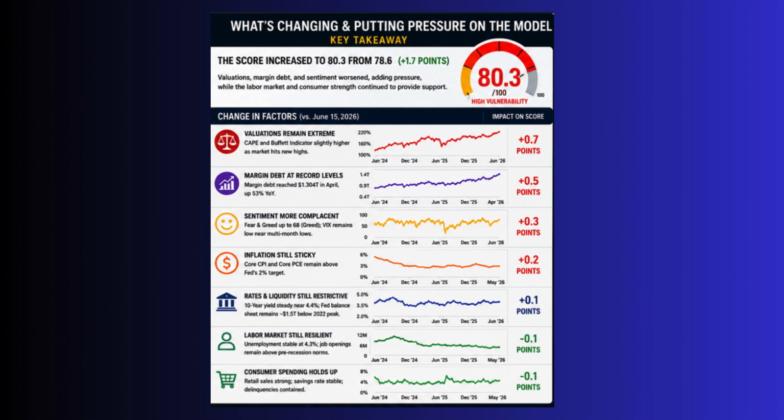It went up a little bit, as you saw in the last inflation report. We're going to keep a close eye on that. But then there were some positives as well that brought the vulnerability down. The labor market is still resilient. Consumer spending is holding up. So overall, it did climb into the extreme risk because it went over 80.